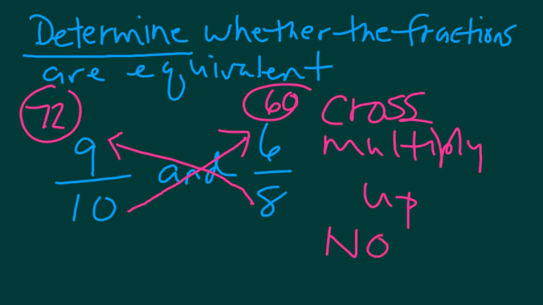What you're really doing by cross multiplying up is getting a common denominator and just taking a shortcut.